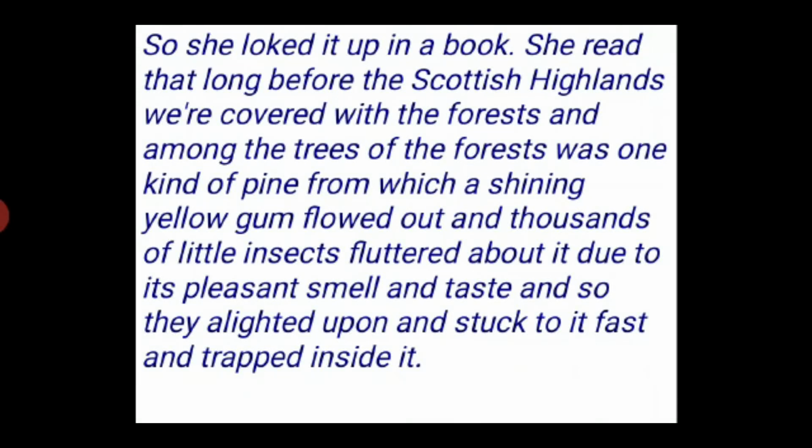About it means around it. And as they alighted or landed on it due to its pleasant smell and taste, they stuck to it fast and were trapped inside it.